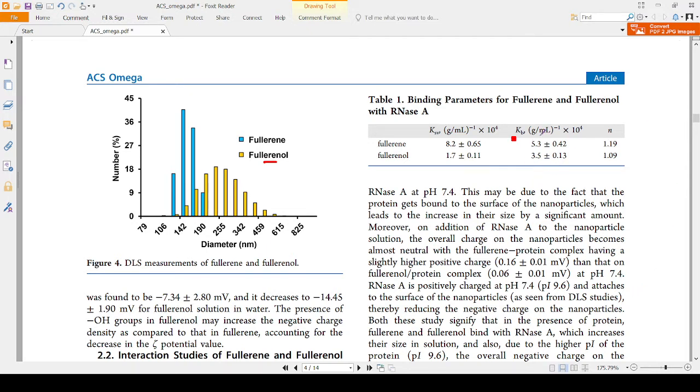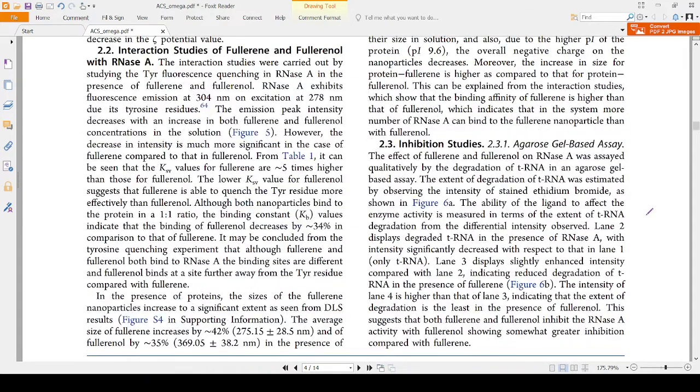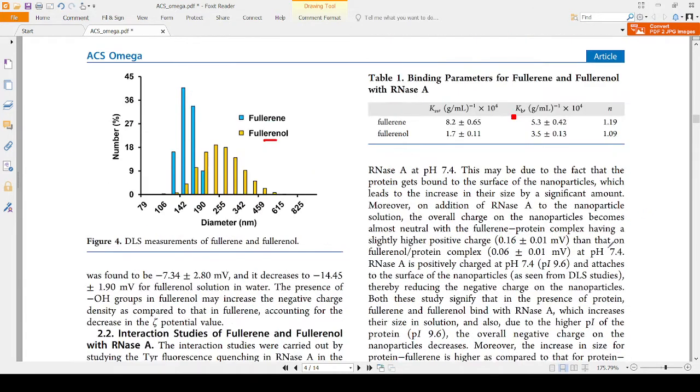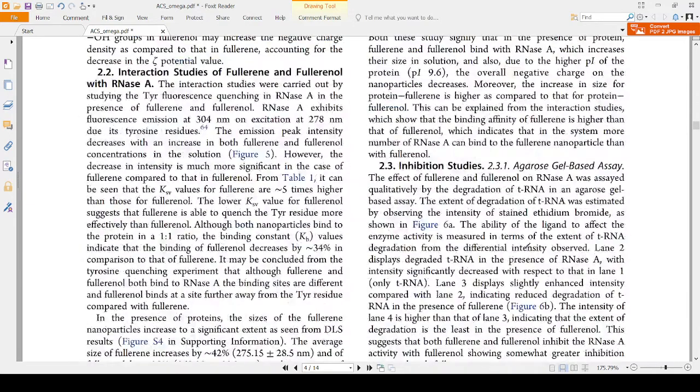But they have shown that fullerene, which is completely hydrophobic, interacts almost 1.5 to 2 times more than fullerenol. The reason they gave is that fullerene can interact with the protein using pi-pi interaction, since it is hydrophobic and the protein has hydrophobic residues in its active site, whereas in fullerenol the pi-pi or hydrophobic interaction is somewhat disturbed due to the polar hydroxyl group.